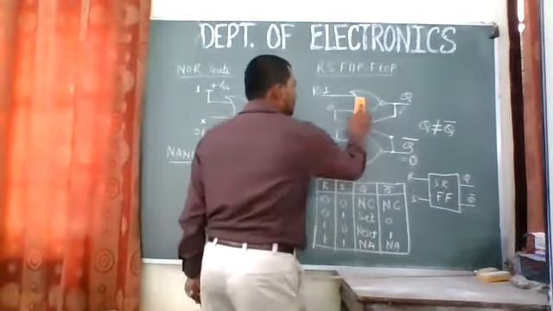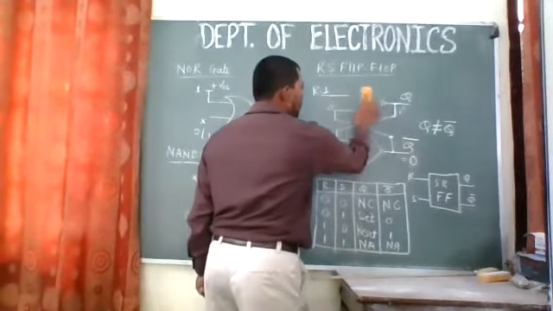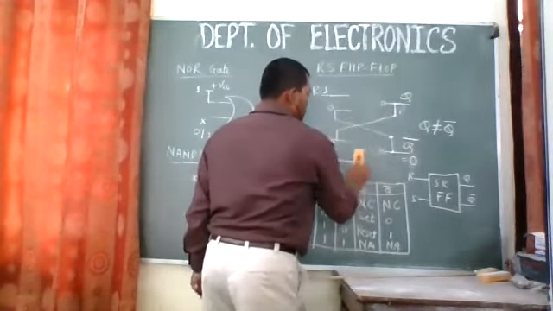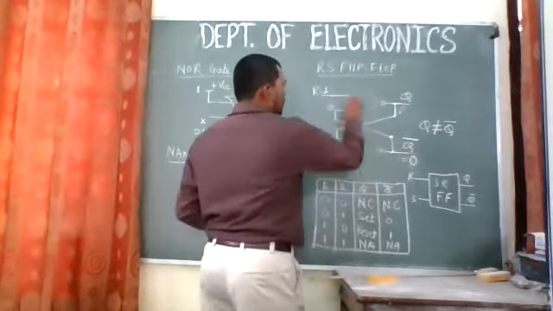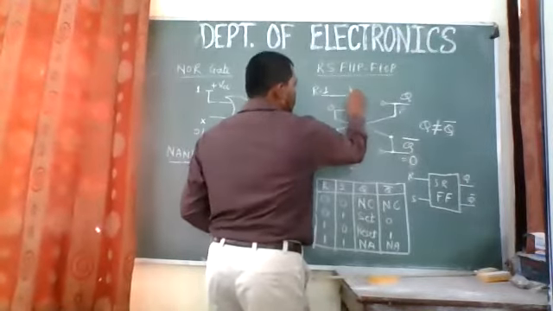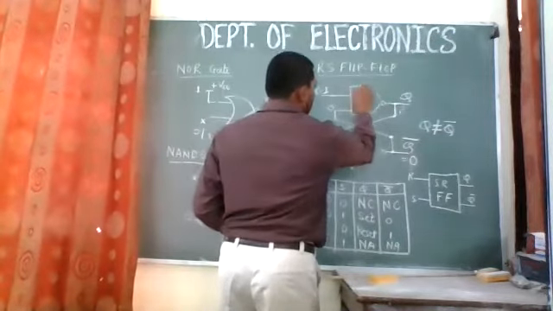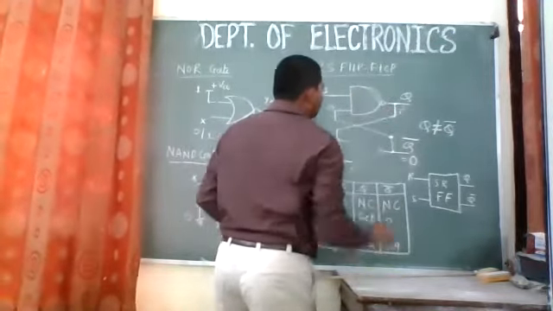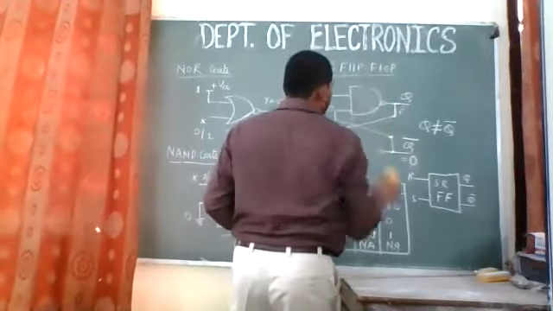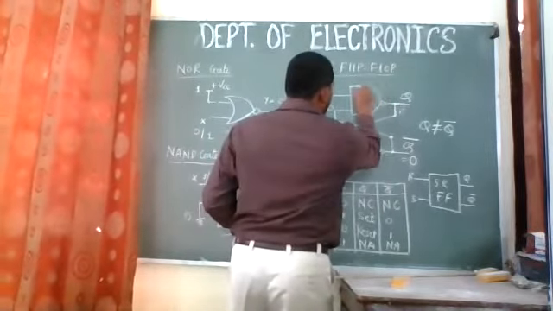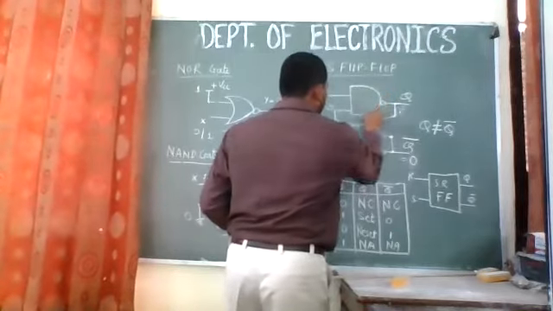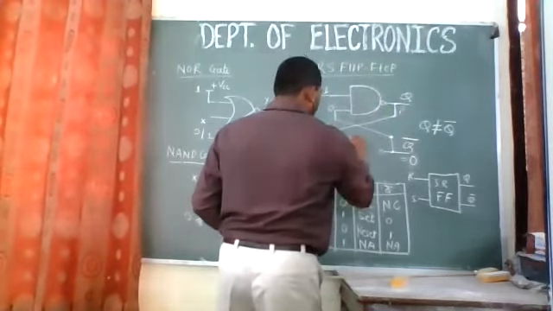So I'm just replacing this NOR gate by a NAND gate like this, and the other conditions are nearly the same. So I'm just dropping NAND gates over there. Okay, so I have used a NAND gate instead of a NOR gate.